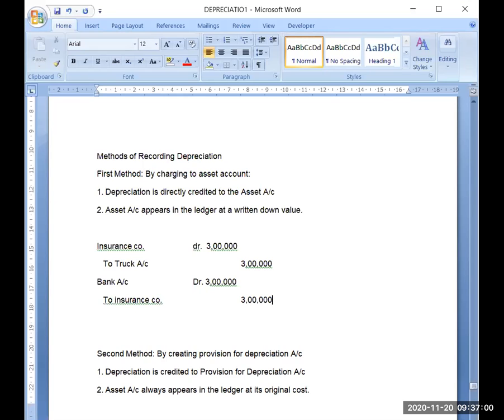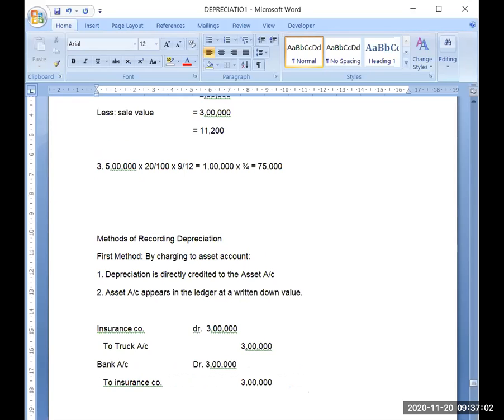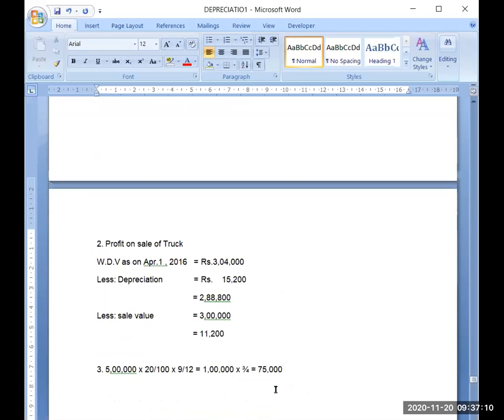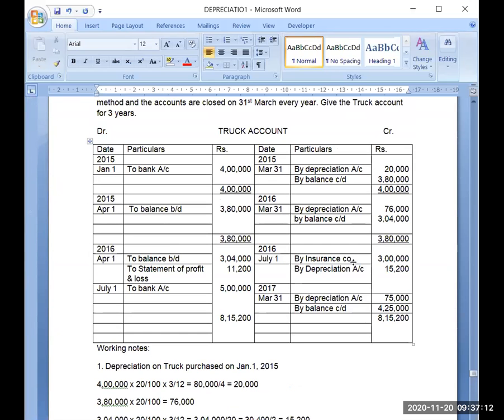So first we will file the claim, and that's why we will debit the insurance company. Then later on we will receive the payment. For this reason, the entry here will be by insurance company instead of by bank account.